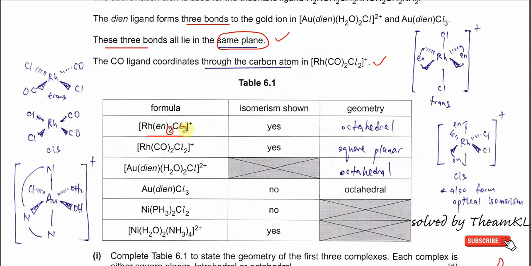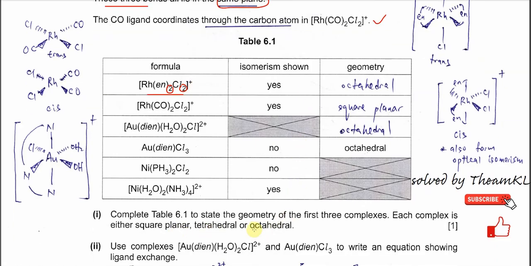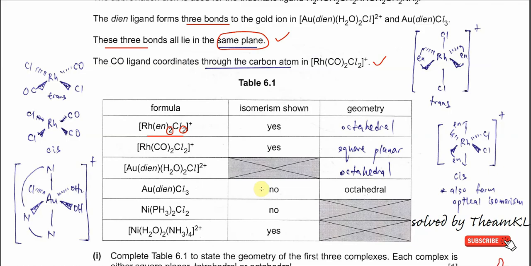So the total is 6, 6 dative bonds involved, meaning 6 coordination number. We are quite sure that when it's 6 coordination number, it's going to be octahedral. Square planar and tetrahedral are just 4 coordination number. So the geometry for this is octahedral, which looks something like this.